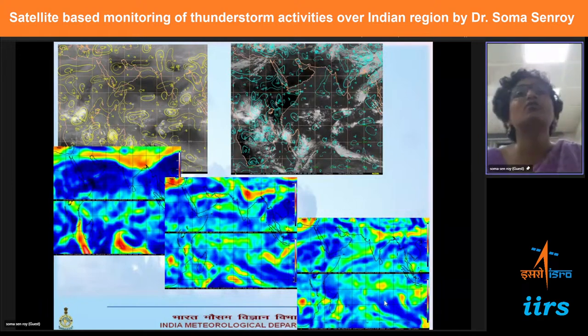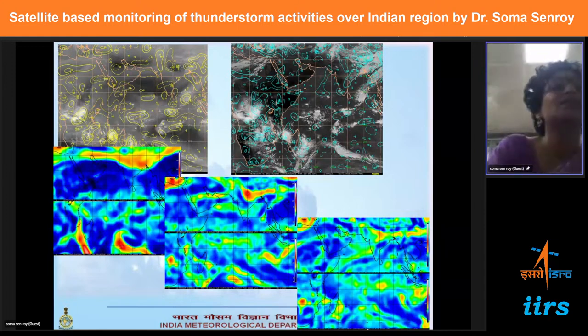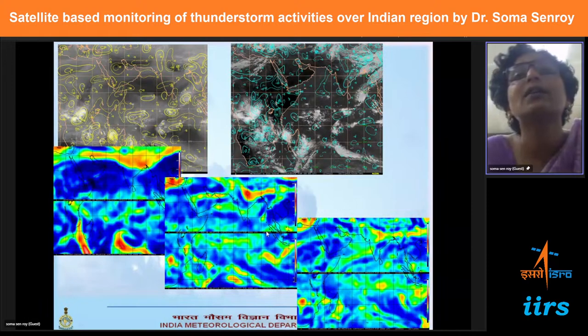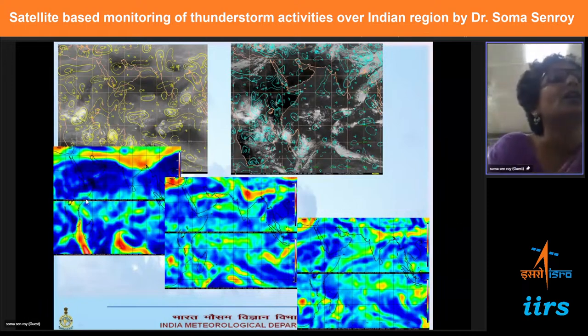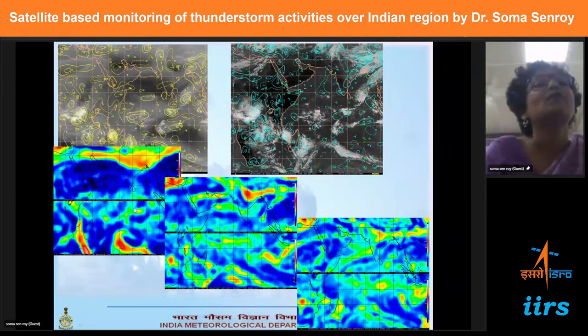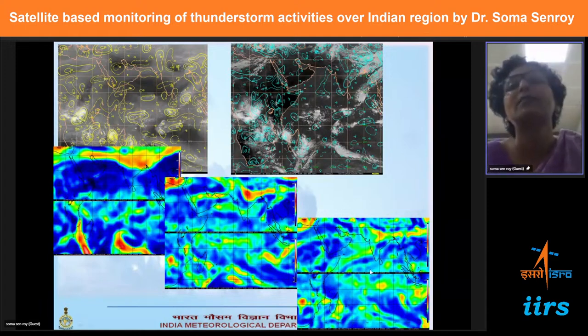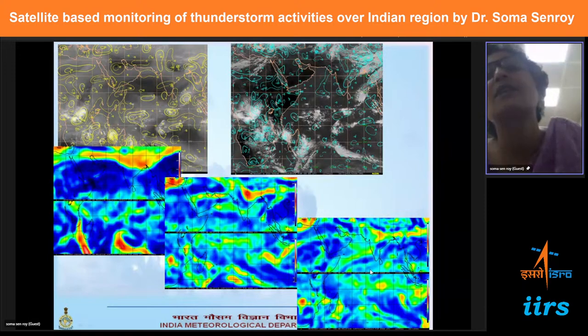The top left is showing your 200 HPA 9 UTC vorticity. The middle one is showing 500 HPA relative vorticity at 9 UTC again, and the lower bottom right is the 700 HPA relative vorticity.